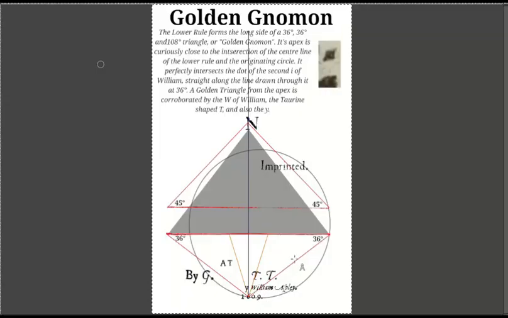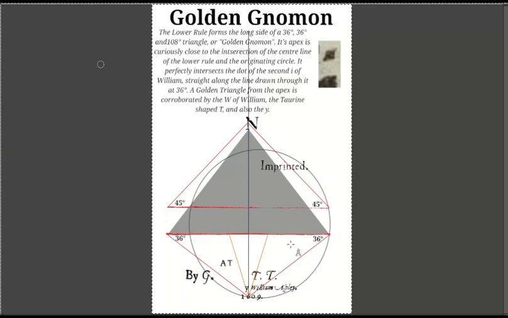Now there are two further triangles that come off these two horizontal rules. On the top there's a perfect 45, 90, 45 degree isosceles triangle, and on the bottom there's a 36, 36, 108 degree golden gnomon.